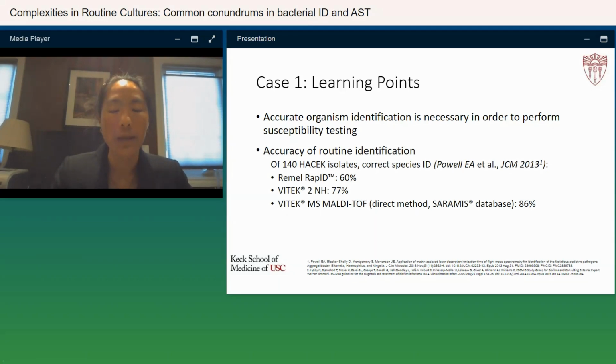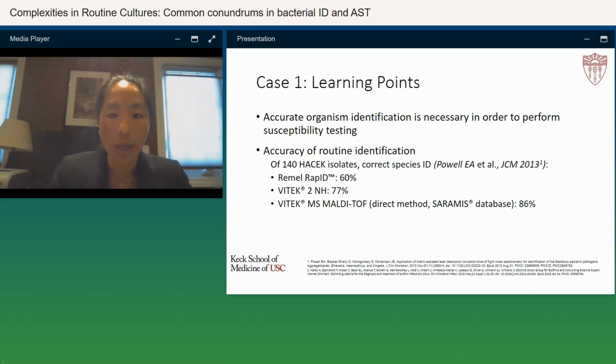So getting that identification accurate, we had a really nice study that I looked at from 2013. So granted, it was 10 years ago, prior to the MALDI databases having undergone several updates. But anyway, they looked at, again, an incredible number of HACEK isolates, as far as HACEK goes, 140, and compared 2 biochemical kits, which we actually talked about in the cases, the rapid ID kit, the Vitek 2 NH card, and the Vitek MS MALDI-TOF.